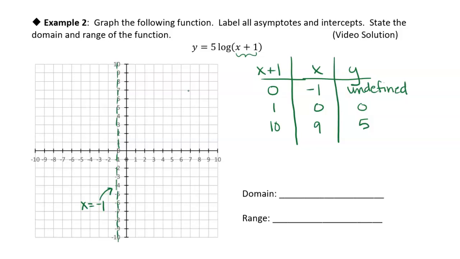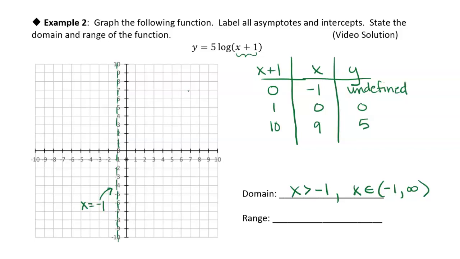It's undefined at that point, and I can't take a log of a negative number, so I know now that the domain has to be x is greater than -1, or if I want to write it in interval notation, I can say x is an element of -1 to infinity.